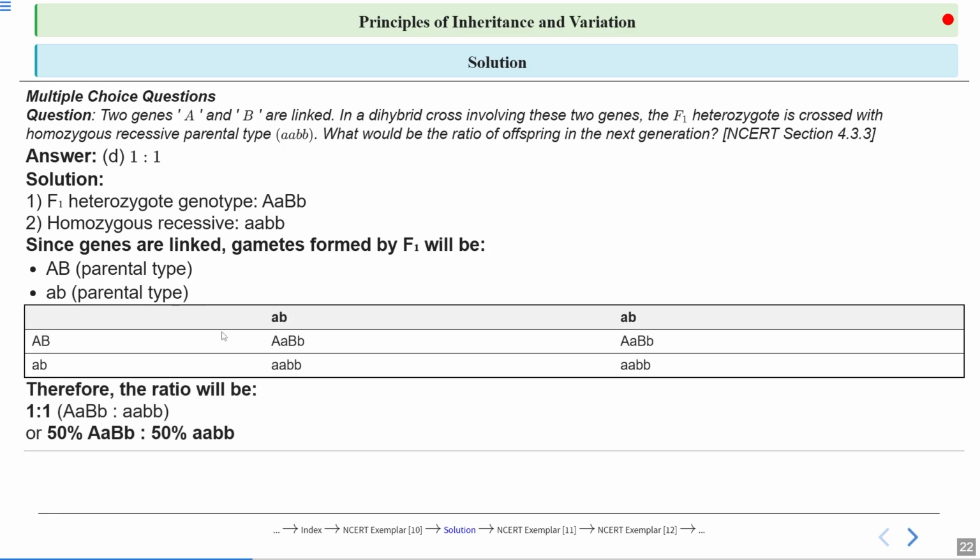You can make a Punnett square and you can see you are getting a 1:1 ratio. You are getting the parental type only. Clear? So this is a 1:1 ratio or 50% ratio.